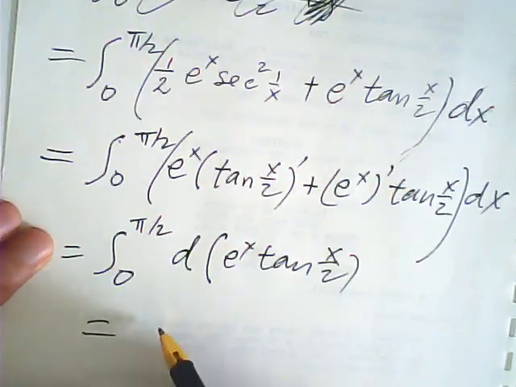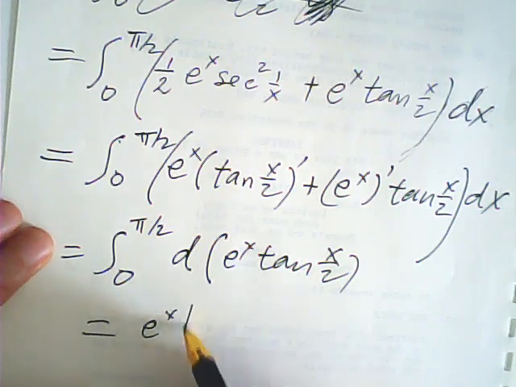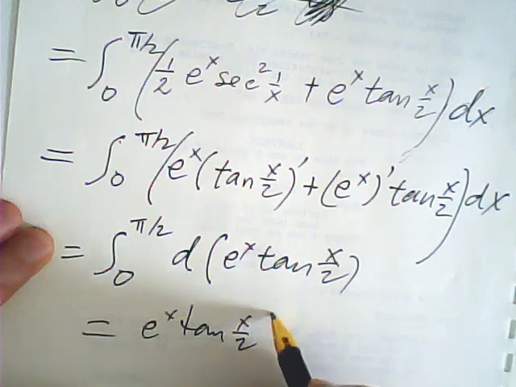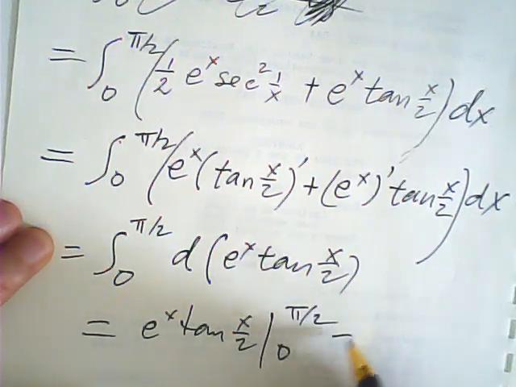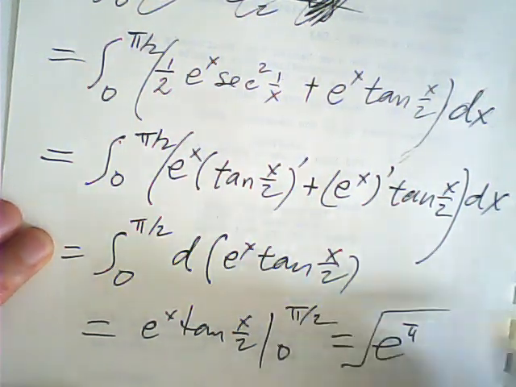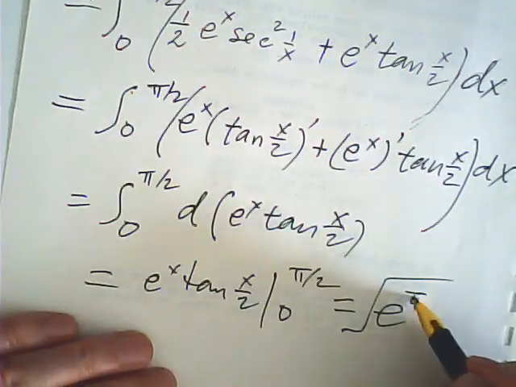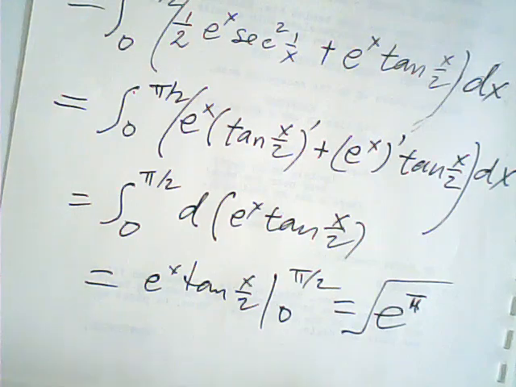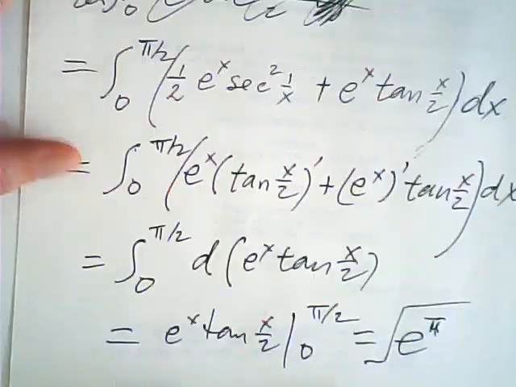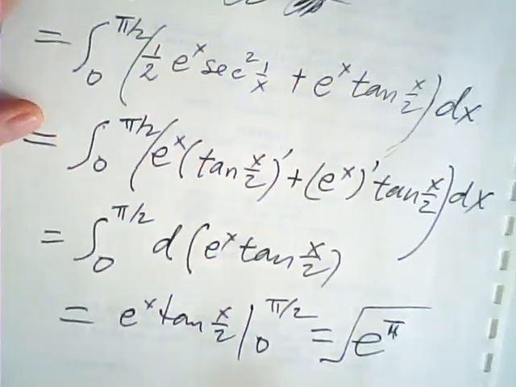So it ends up with e^x tangent half x. That is a better method. Okay, I hope you like it. Thank you.